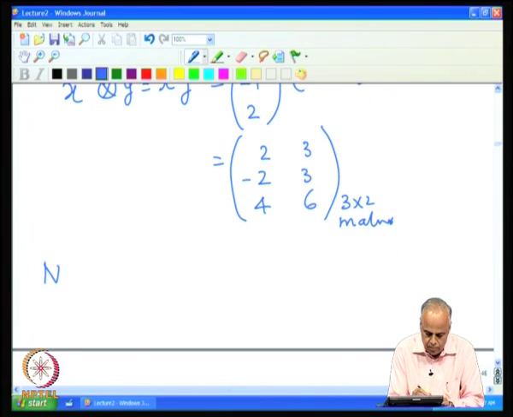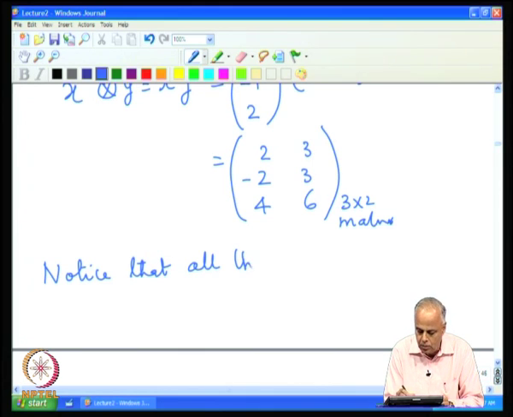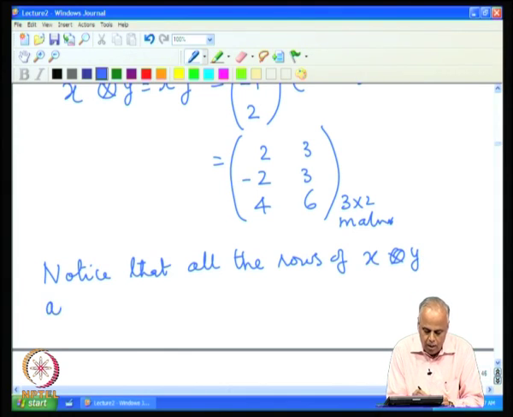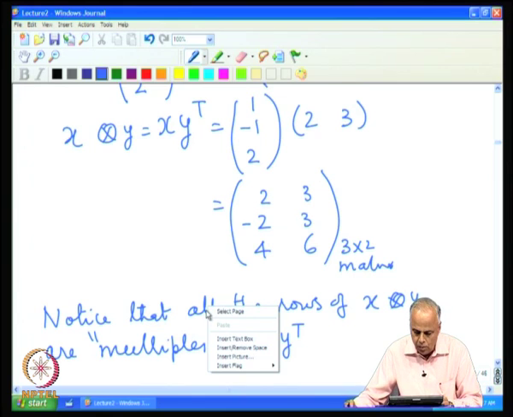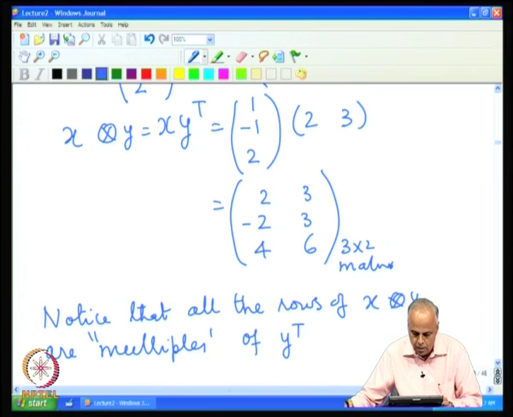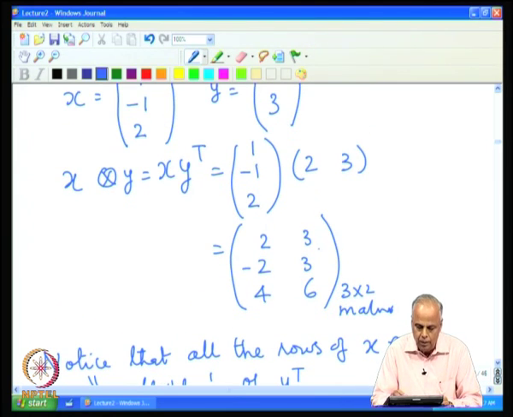Notice that all the rows of the tensor product x y are multiples of y transpose. For example, this row here is just one multiple of (2, 3).